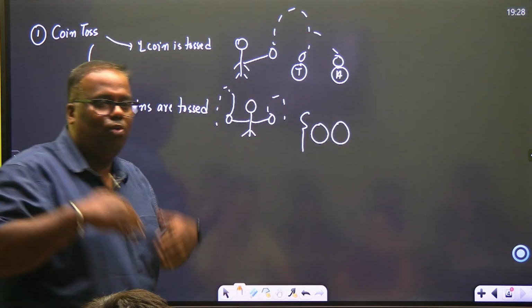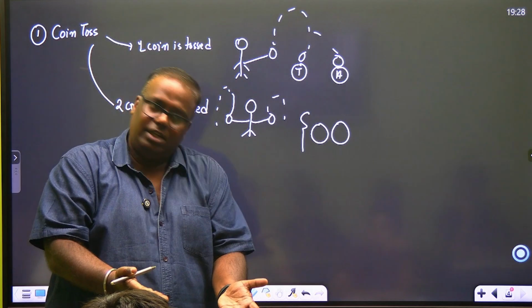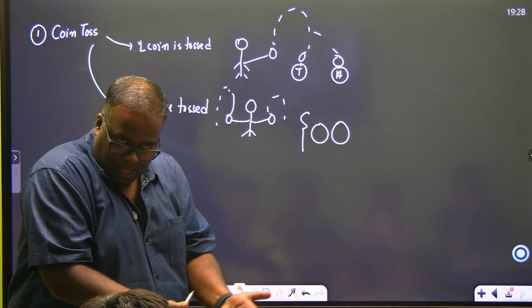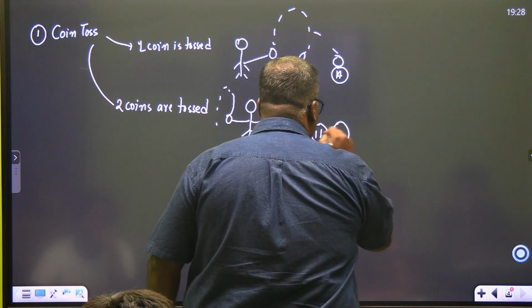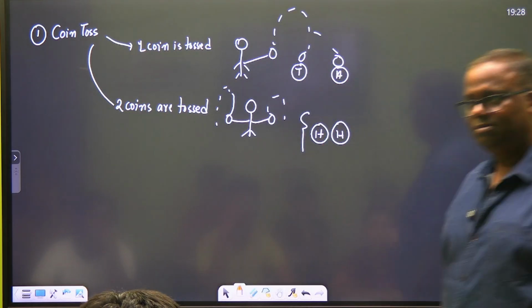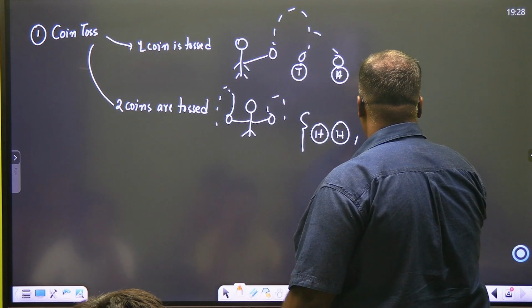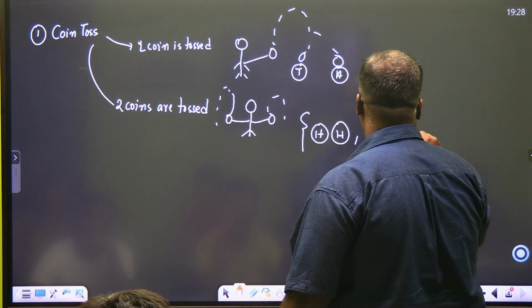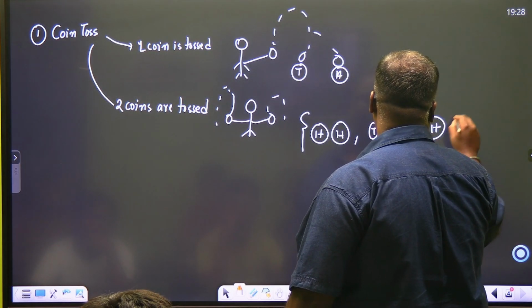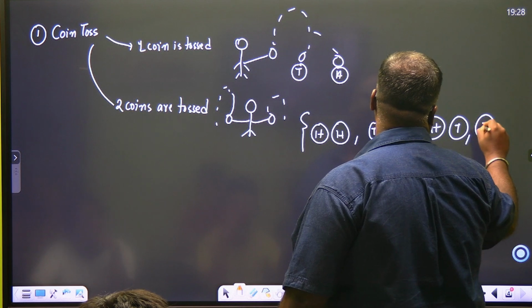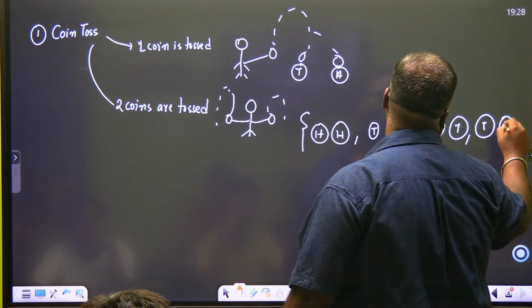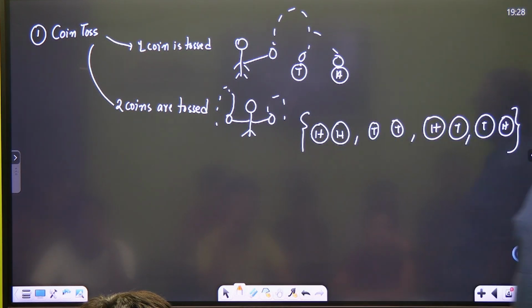Every time he will get 2 coins which will actually fall on the ground. Tapak. Right? And when that tapak happens, it can be HH, both heads. It can be both tails. It can be a head on the first one, tail on the second, or a tail on the first and a head on the second. Have you understood?